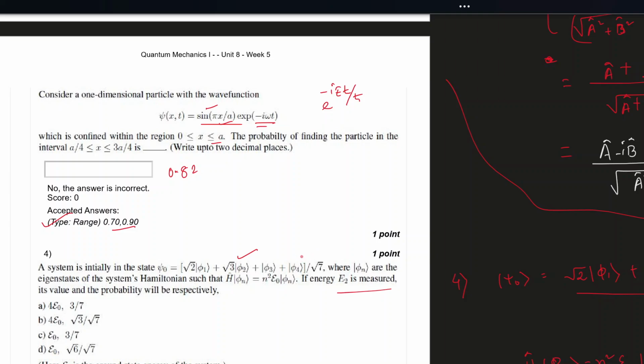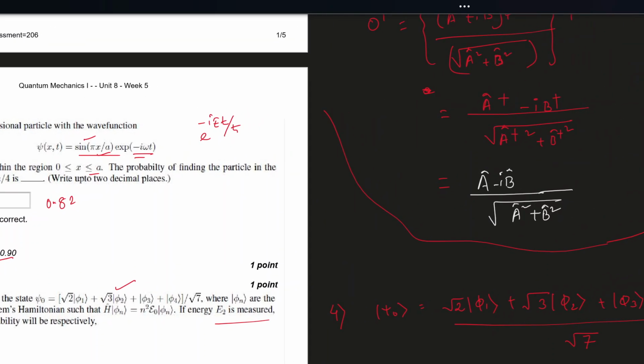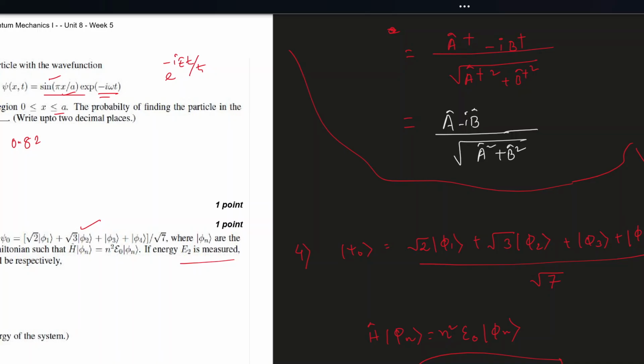So the probability of the system being in the phi 2 state, where the initial state of the system is psi naught, is the inner product of phi 2 and psi naught, whole mod squared.